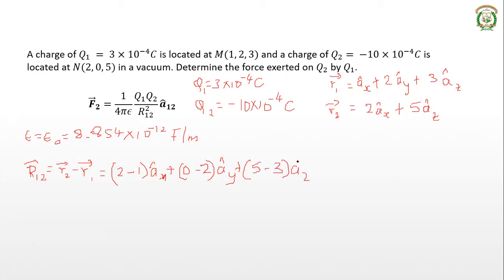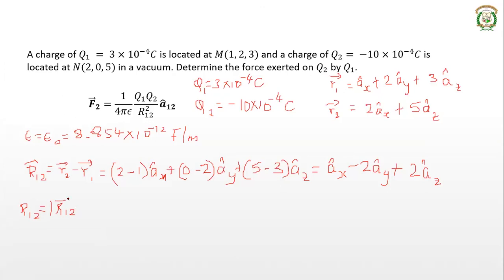So what do you get? R12 is 2 minus 1 is 1, so I can simply write it AX. 0 minus 2 is minus 2 AY, plus 5 minus 3 is 2 AZ. Now we want R12 square. So for that we want the magnitude of R12. If you write simply R12, this is nothing but the magnitude of vector R12.